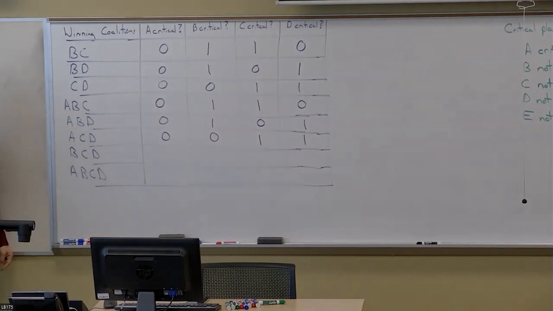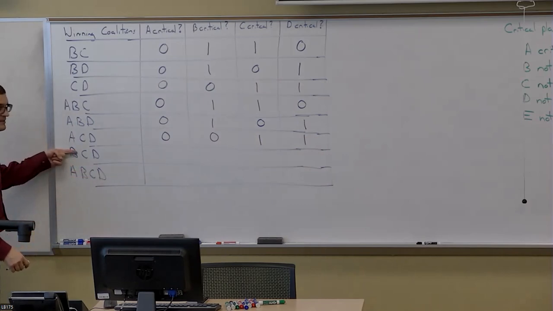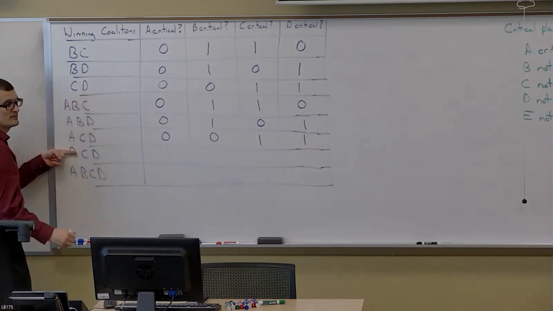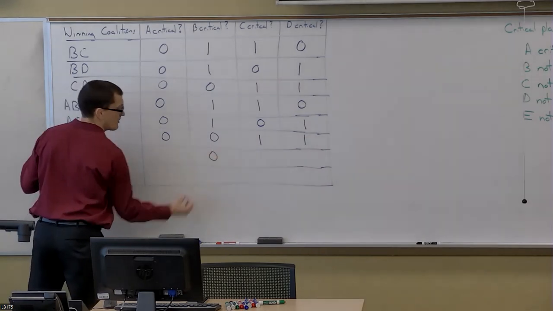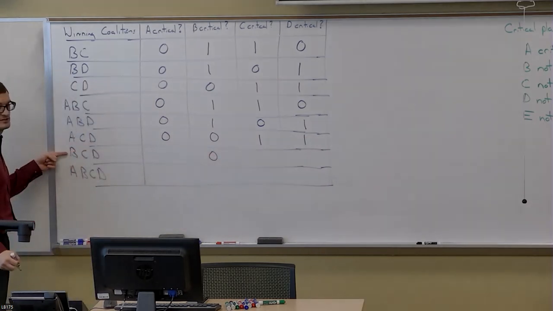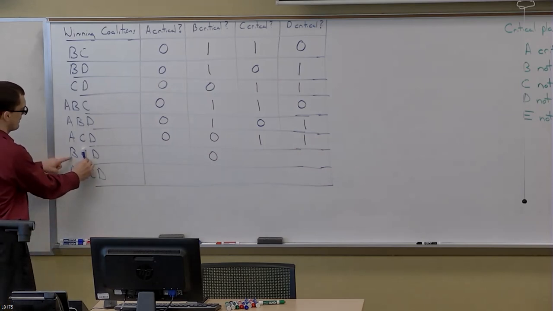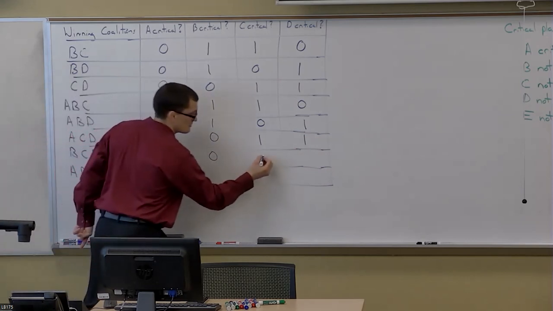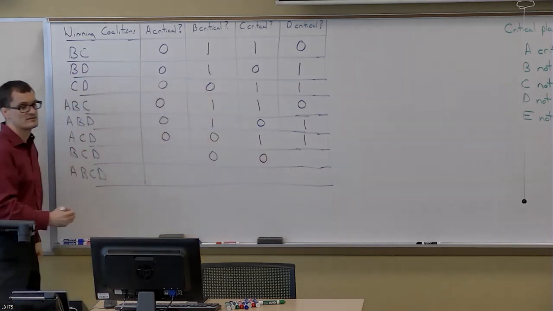Okay with that? Now let's check out B, C, D. If I drop B, C, D still wins. B is not important, therefore, to this coalition. If I drop C, B, D still wins. So C was not important.